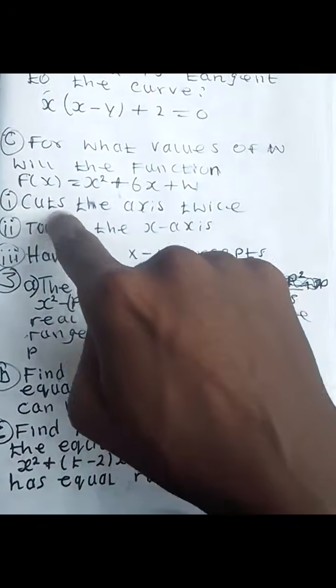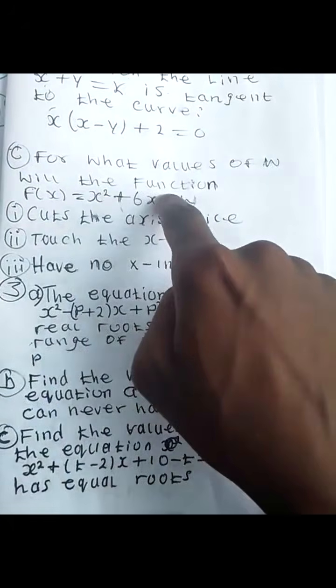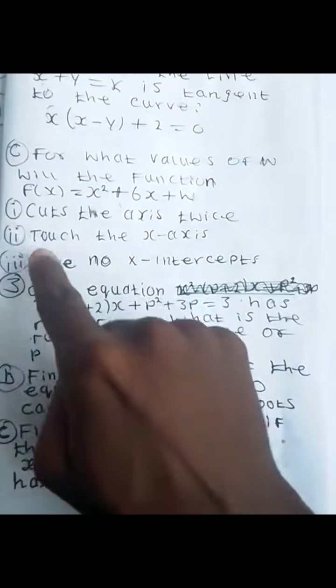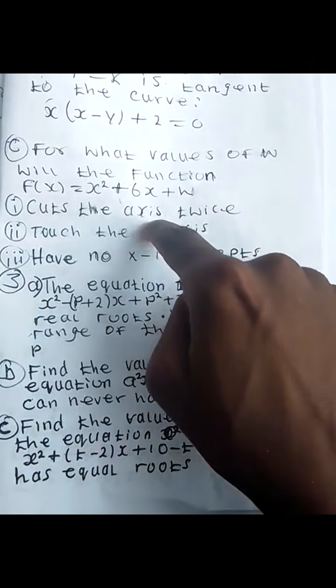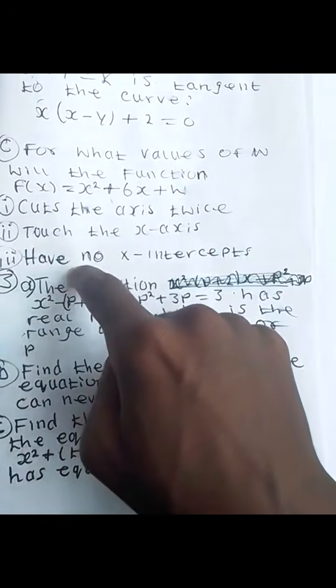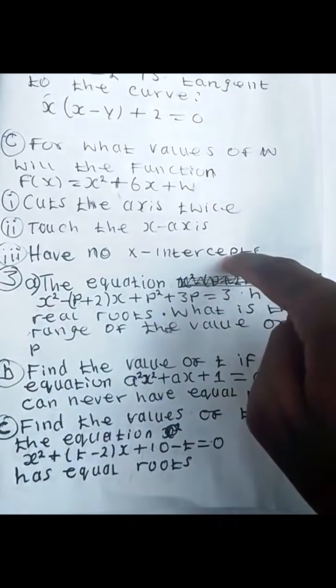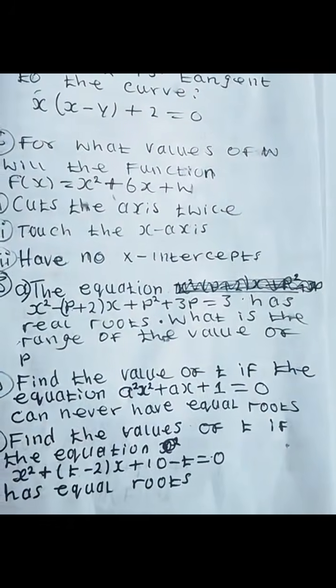Alright, let's go to question C. They're saying for what values of w will this function cut the axis twice, touch the axis, have no x intercepts.